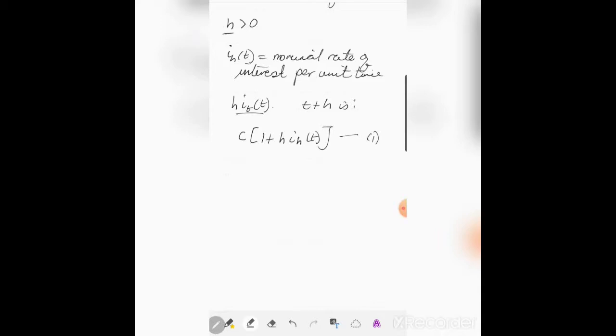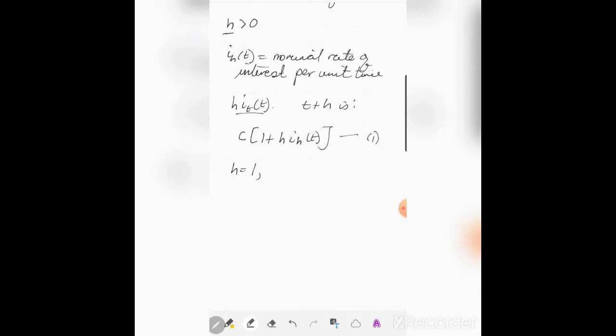And then if h is equal to 1, the nominal rate of interest coincides with the effective rate of interest for the period t equal to 1.